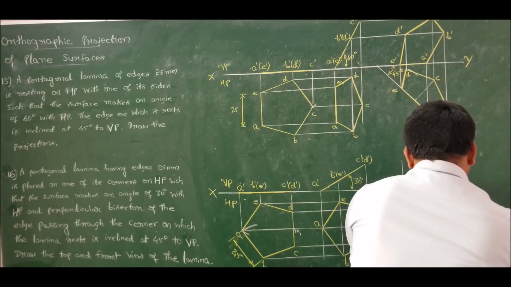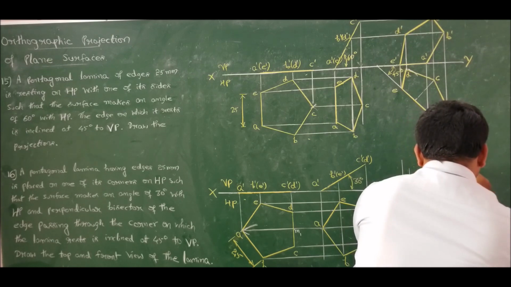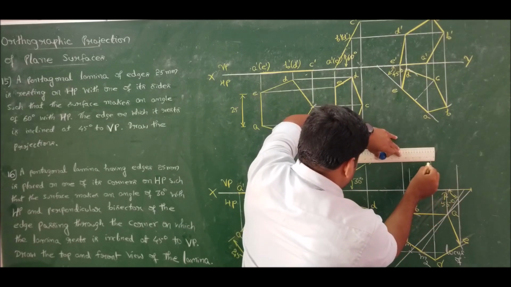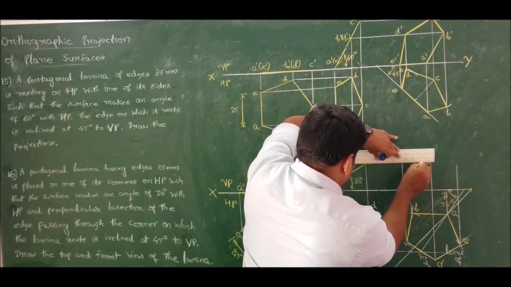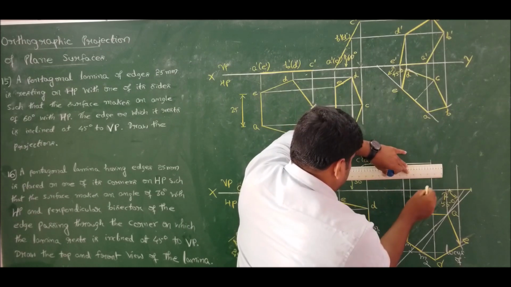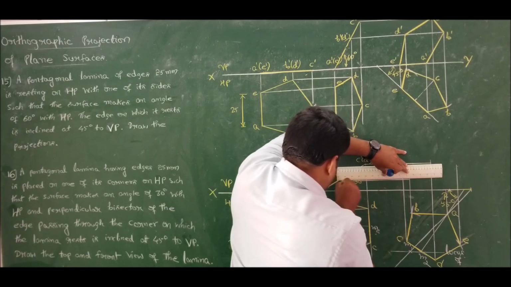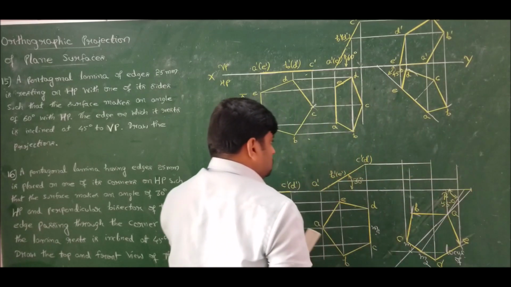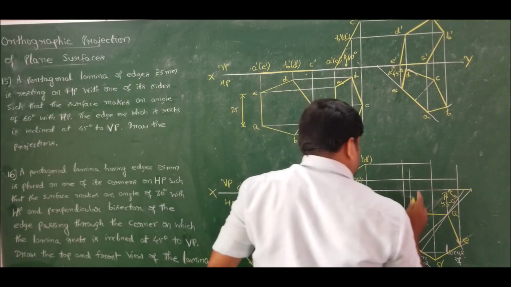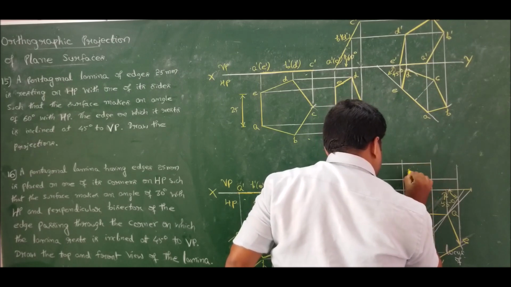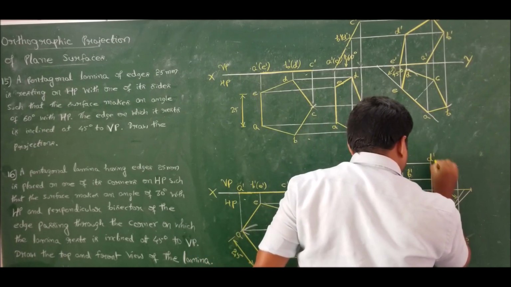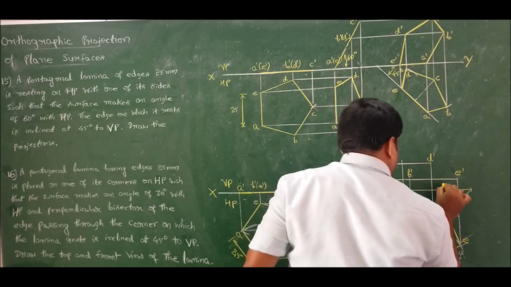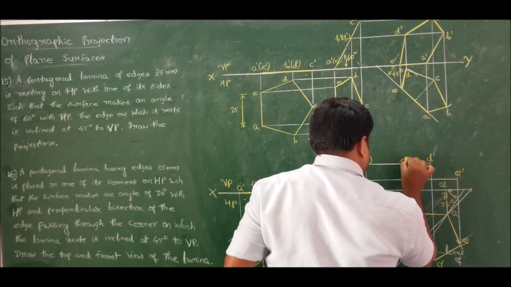Then it is resting on A, then we have E. Now take horizontal projections to C and D and also for B and E. So therefore this is B dash and we have D dash, this is E dash, we have A dash and we have C dash.